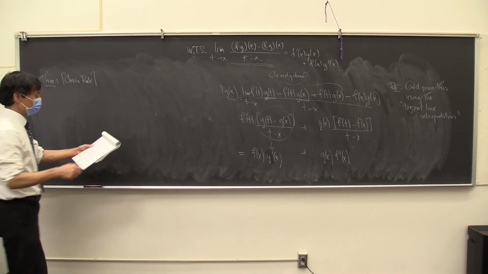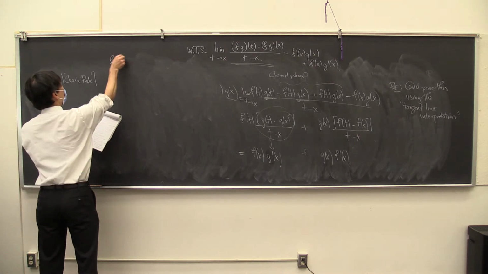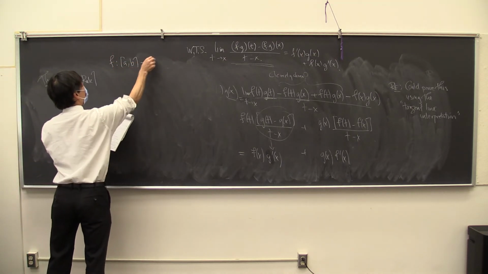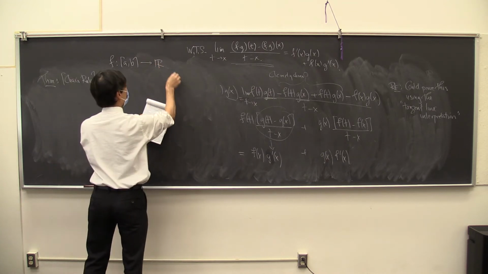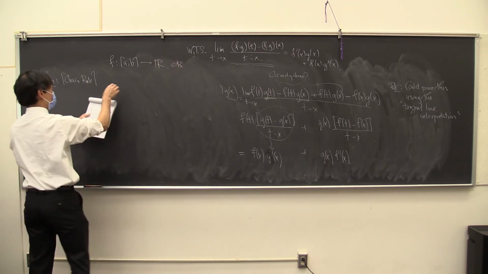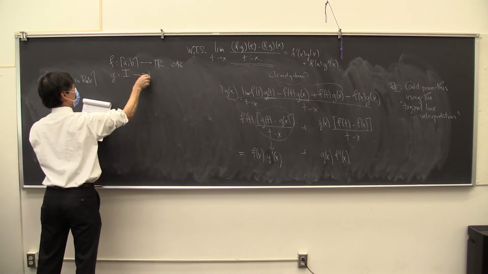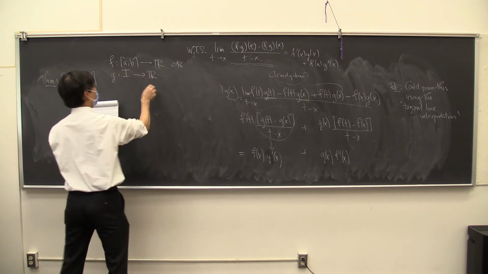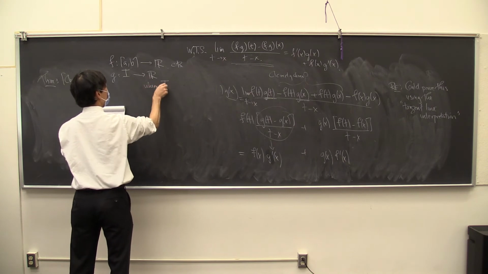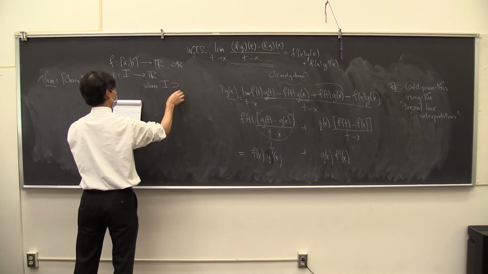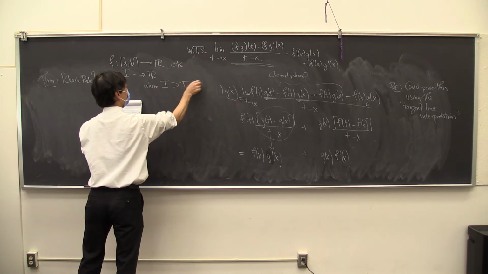The setting looks like this: you have some function f, it's a continuous function. You have some other function g on some interval I, where the interval I contains the image of f.